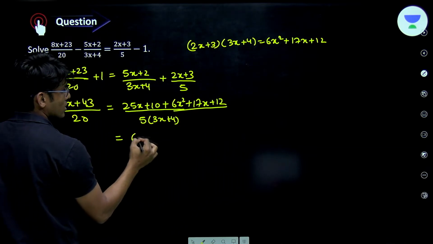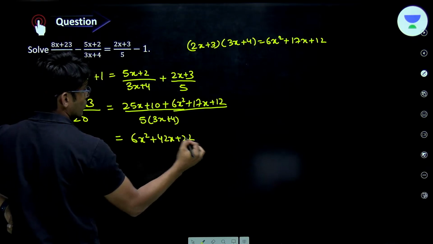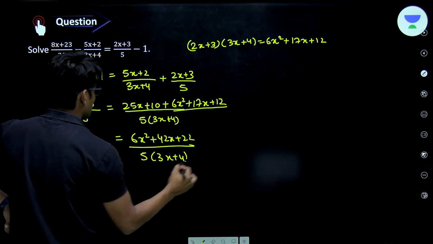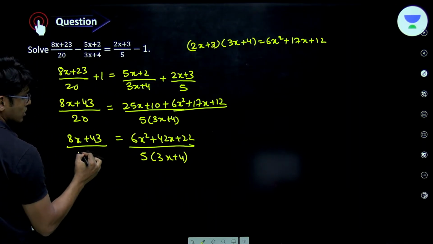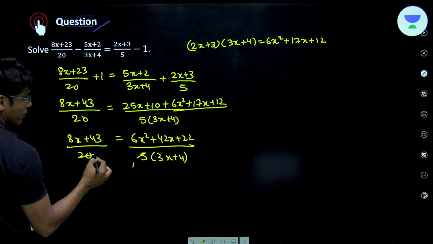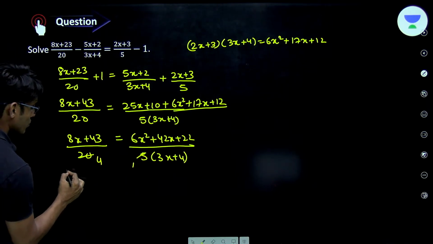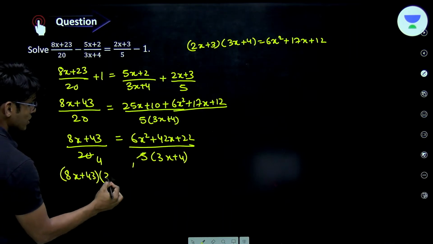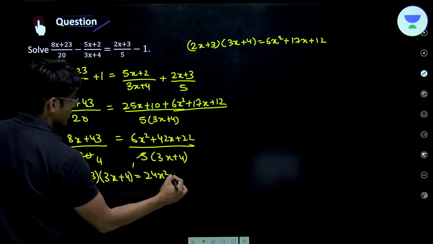So this is 6x square plus 42x plus 22 times, we will try to solve it. This looks very promising yet difficult. 5 times 4, now if you solve it, 8x plus 43, see, this is a linear expression only. Eventually it will become a linear equation.